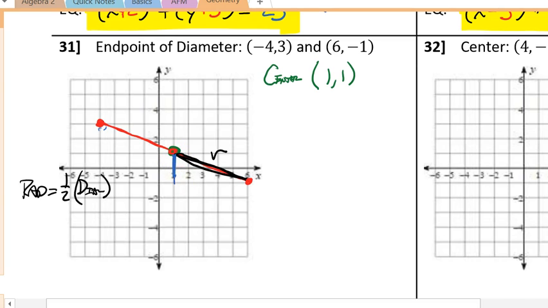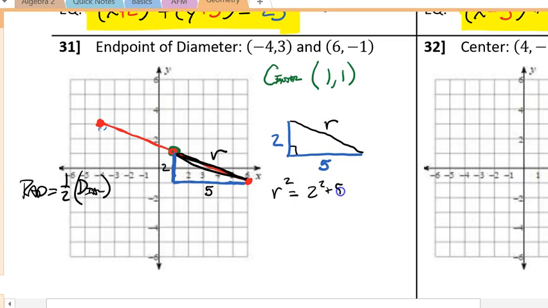However, I could connect the center and the endpoint following the grid segments and basically create a 2 by 5 right triangle, where if I wanted to figure out the missing hypotenuse, we would do, you guessed it, Pythagorean theorem. r squared is equal to 2 squared plus 5 squared.